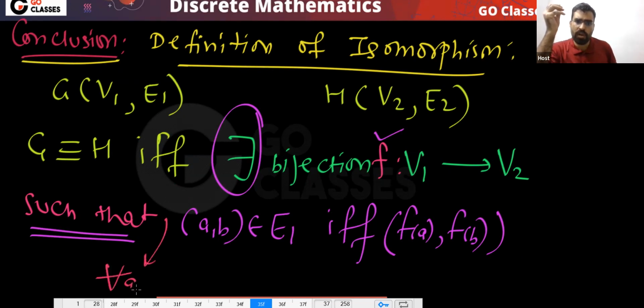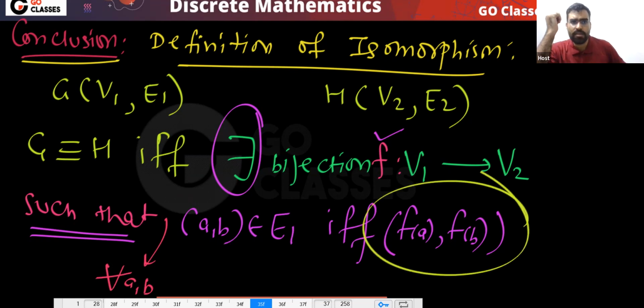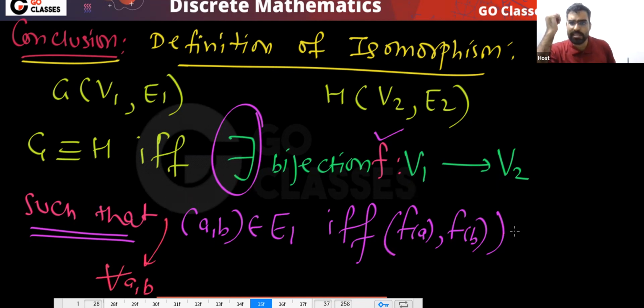This should happen for all A comma B: if they have an edge, then their images also should have an edge; if they don't have an edge, then their images also should not have an edge. They have an edge if and only if they have an edge.